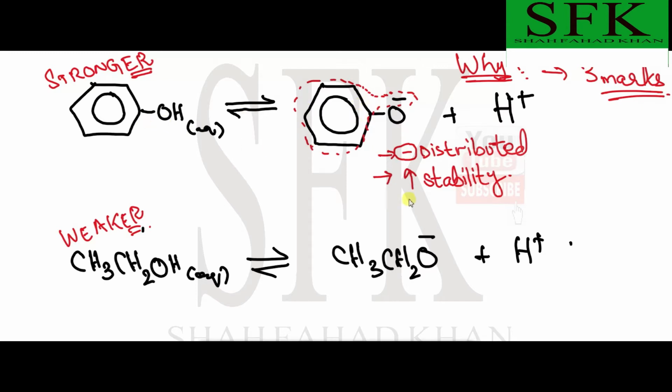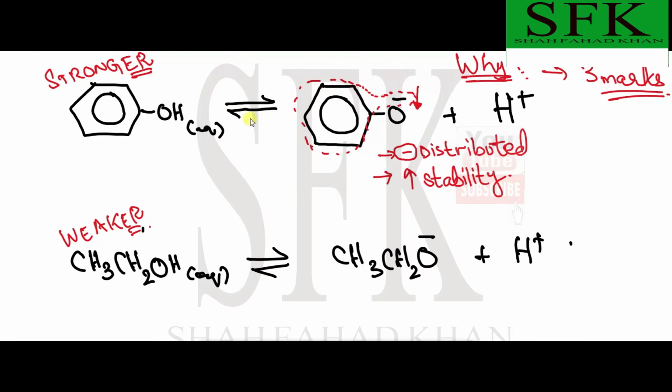Now, if we increase the stability of the base, the magnitude of this negative charge actually decreases. So when the magnitude of this negative charge decreases, it will be less likely to get attracted to this positively charged H positive ion and is less likely to go back in this equilibrium.